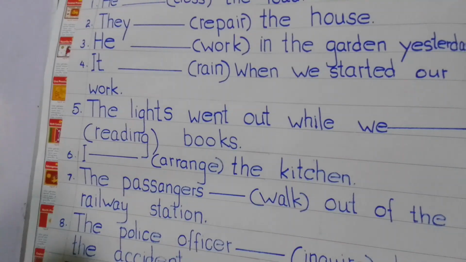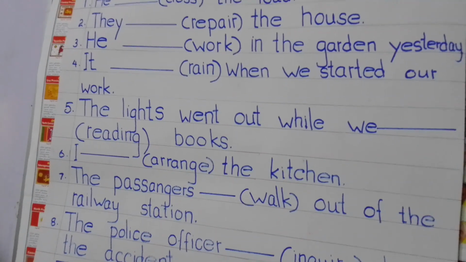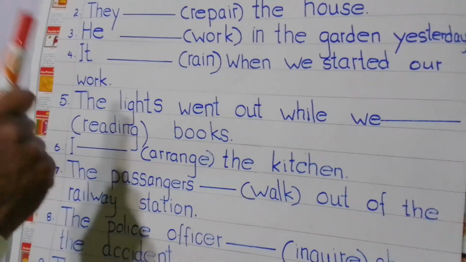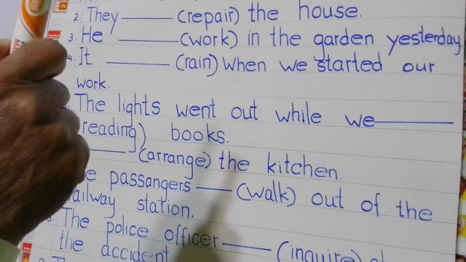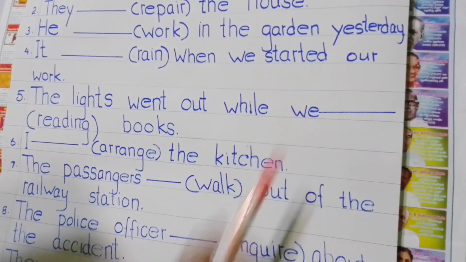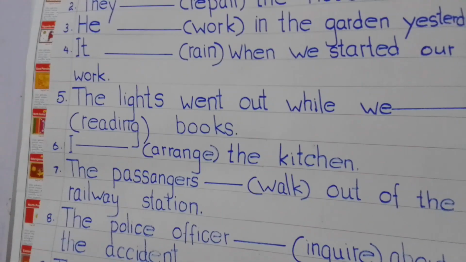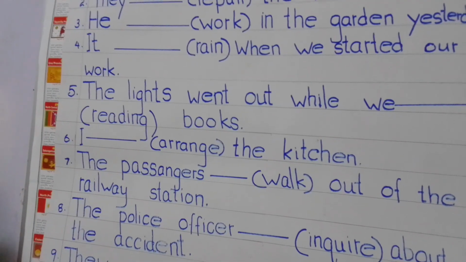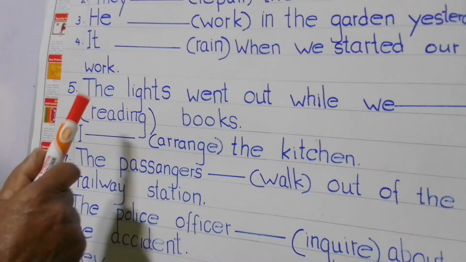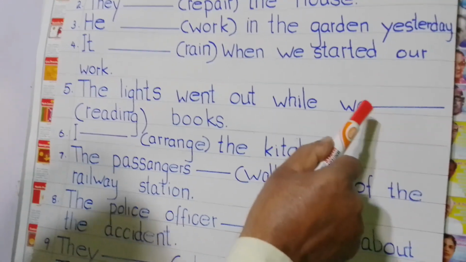Okay. Next is the fourth one. It. We have to use the auxiliary verb was. It was raining when we started our work. Okay. Next we'll move on to the fifth one. The lights went out while we blank.